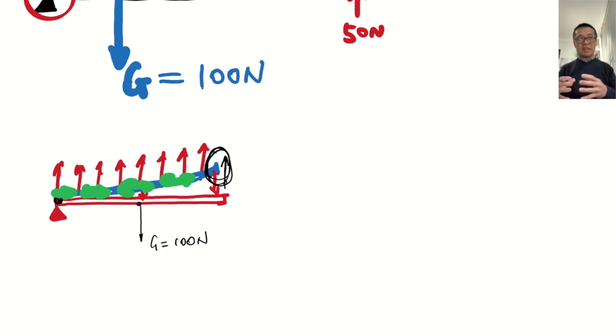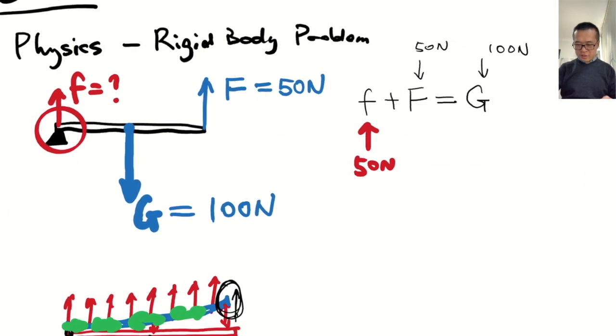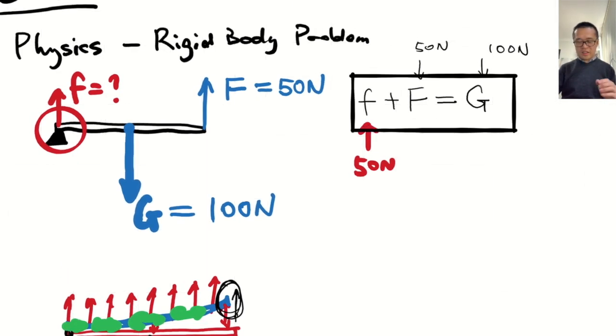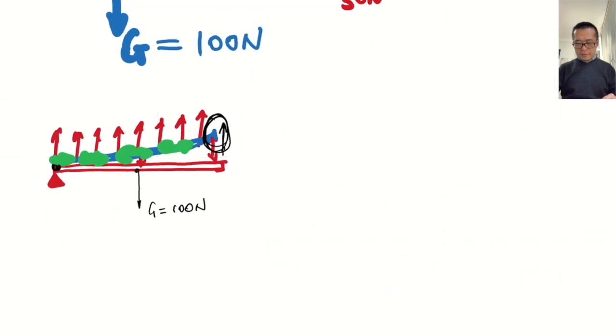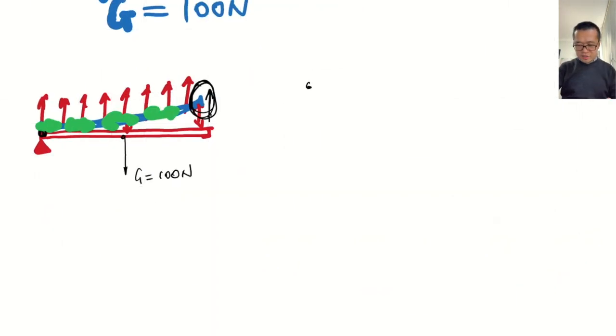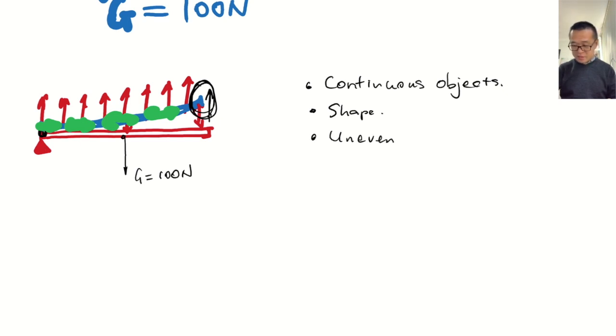Now, apparently, with this kind of problem, you can't just go back to simple arithmetic to figure out what's going to happen. Because, first of all, this is a continuous object with some shape. And typically it might have an uneven distribution in its density.